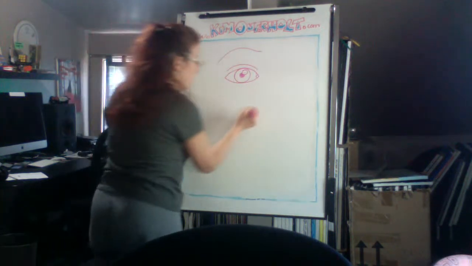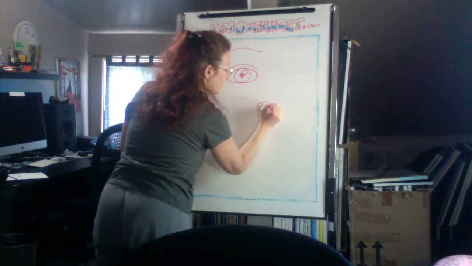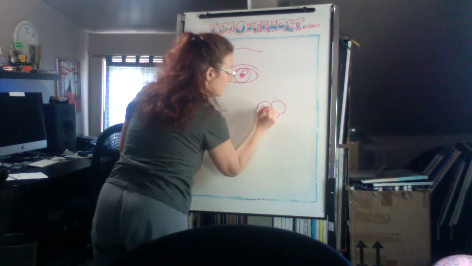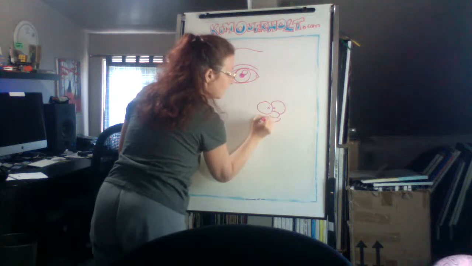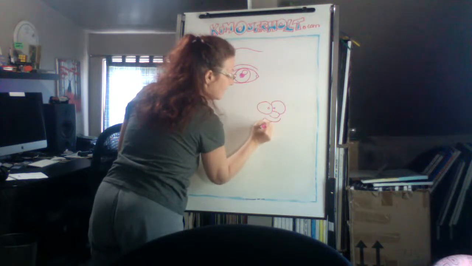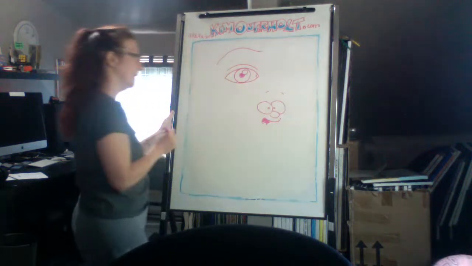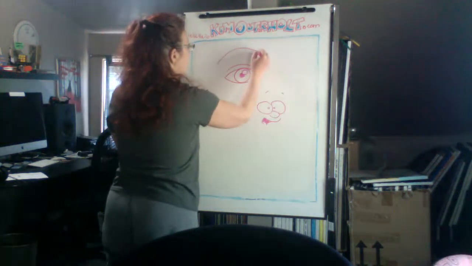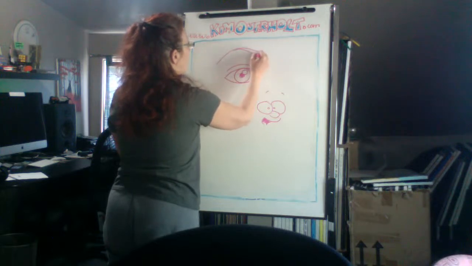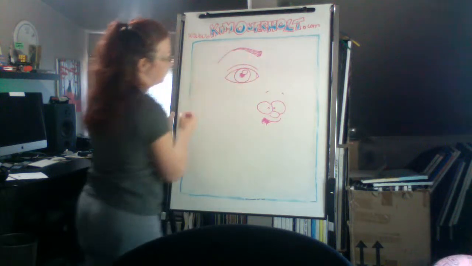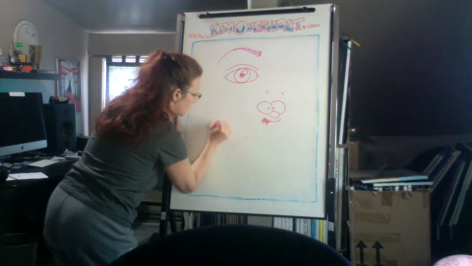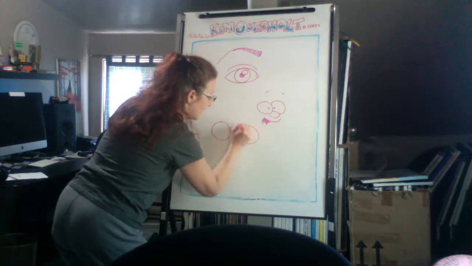You could start with an eye, or you can make something simple like that for cartoon eyes. Or you can make it something more elaborate, or even change the shape of the eyes so you have faces that kind of look like this.